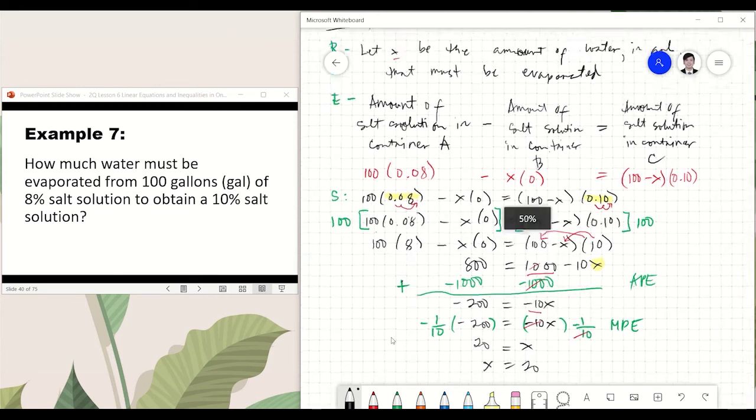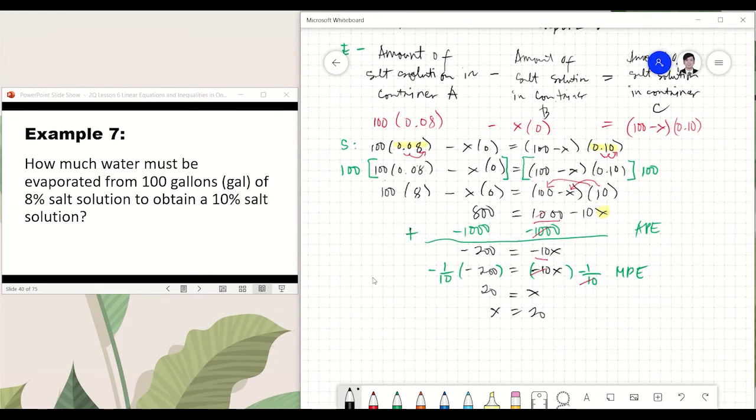So paano natin madodouble check kung tama talaga yung sagot natin? So let's do the checking now kasi yan yung kasunod ng ating RESCA. So take note that 8% of 100 is 8. While 10% of 100, because we need to evaporate 20 gallons kasi ito yung nakuha natin, 'di ba?